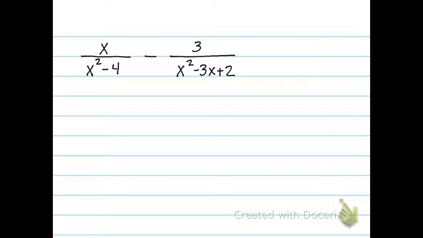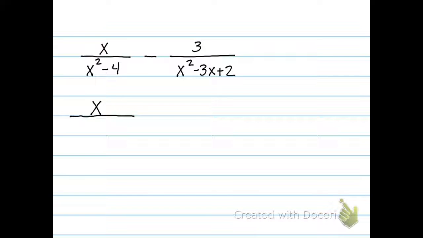All right, so let's look at this example. So we'll look at a problem here where we are subtracting. So again, the first step here, we're going to need to factor each denominator. So I'm going to go to this first rational expression here. I'm going to go ahead and write down the numerator, x.